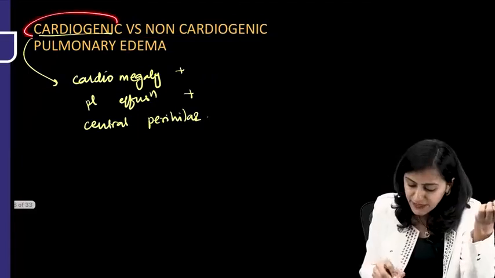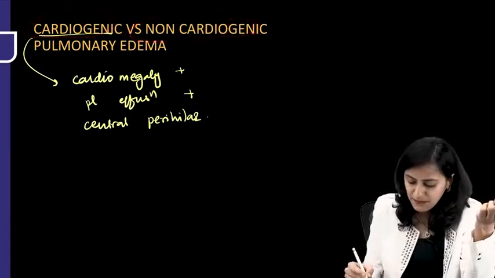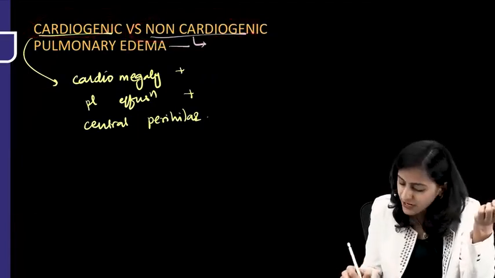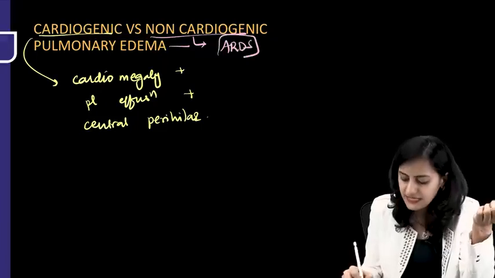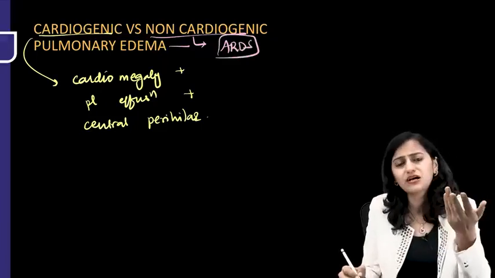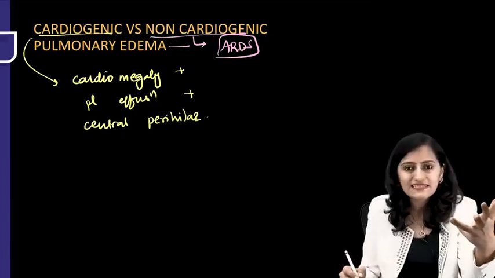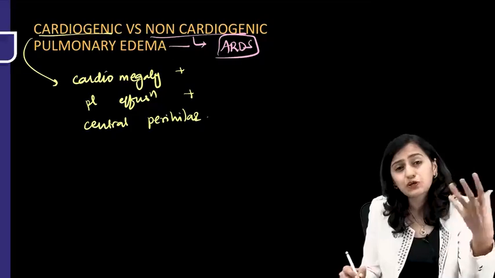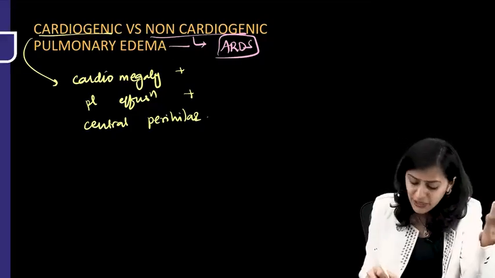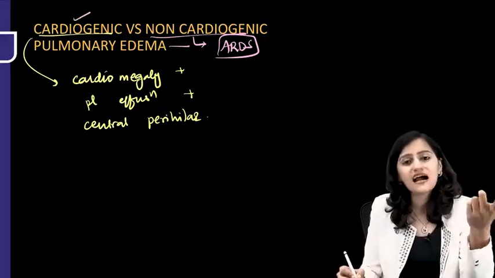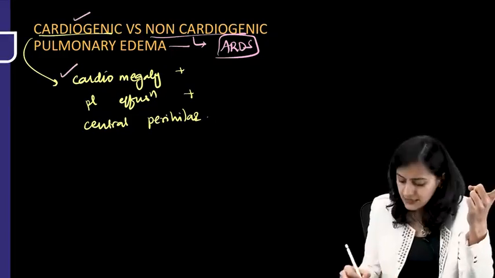Now, what is the difference between cardiogenic and non-cardiogenic pulmonary edema? Non-cardiogenic pulmonary edema is basically ARDS. It could have multiple causes like pulmonary infection, sepsis, trauma, pancreatitis. The patient presents with acute breathlessness, right? In cardiogenic, because it is the heart cause, there will be cardiomegaly.